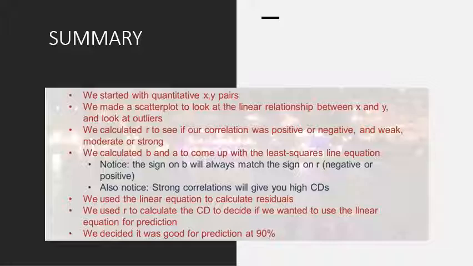Don't get confused, this we did in the last lesson. Then today we went over how to figure out B and A and find our Y hat. Then we figured out how to understand residuals, what that means, and also how to calculate our CD and find out whether or not we can use our Y hat equation as a predictor.